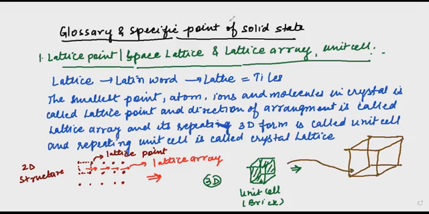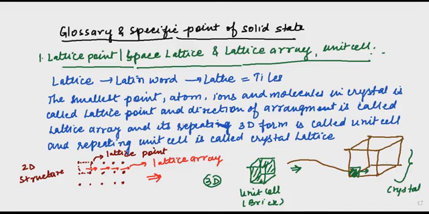Then you find it looks like a brick. This is the unit shell. Clear? And the whole is called a crystal. And its repeating unit is arranged that way. Its repeating unit forms a whole crystal.